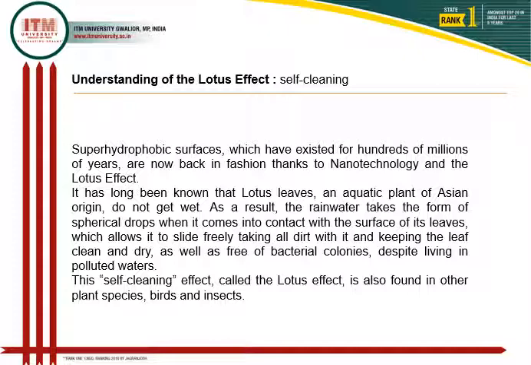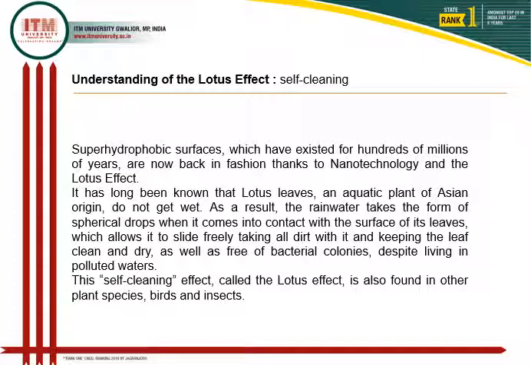We knew this thing that the lotus leaf, an aquatic plant of Asian origin, does not get wet. And as a result, the rainwater takes the form of spherical drops when it comes into contact with the surface of the leaves. Spherical drops mean the least contact surface. And this allows it to slide freely, taking all the dirt that is on the leaf.